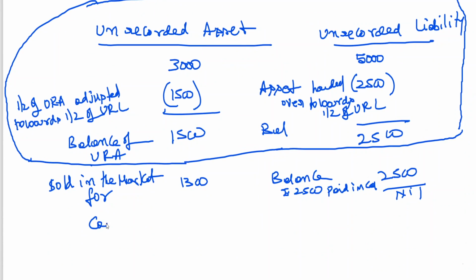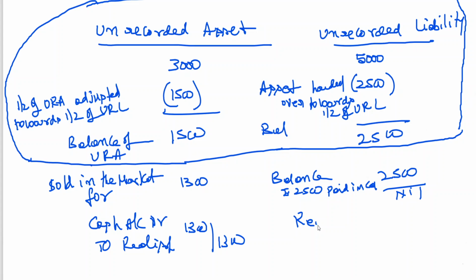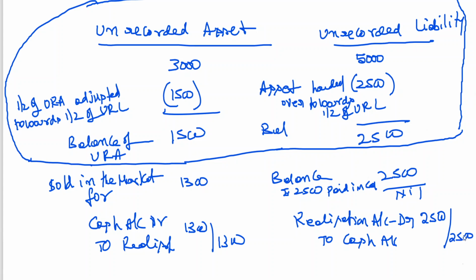What is the entry you will be writing? Cash account debit, realization account credit, 1300. And here you will be writing realization account debit, cash account credit, 2500.